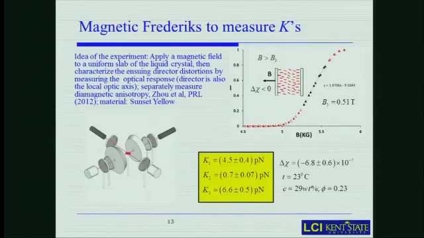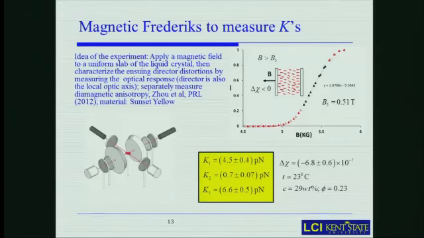And recently we did an experiment based on the magnetic Fredericks effect. This is the effect that was described this morning. You apply a magnetic field, and you cause the liquid crystal to realign. And then, since you know the magnetic field, you measure the optical response of the liquid crystal.